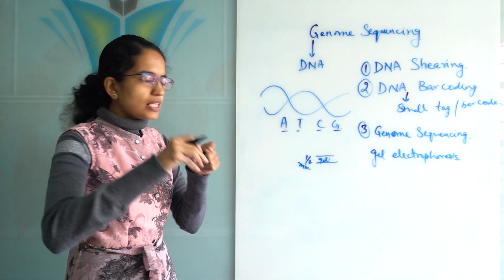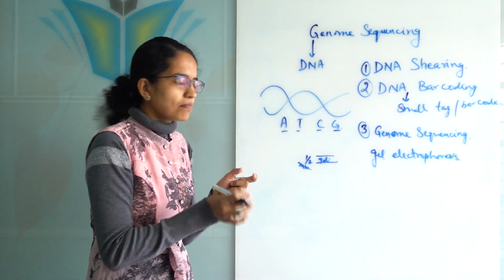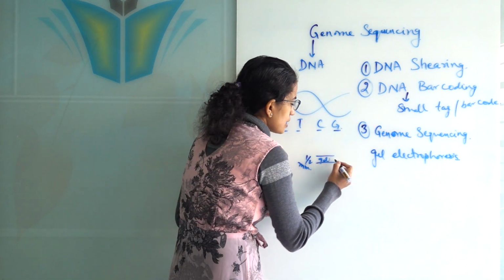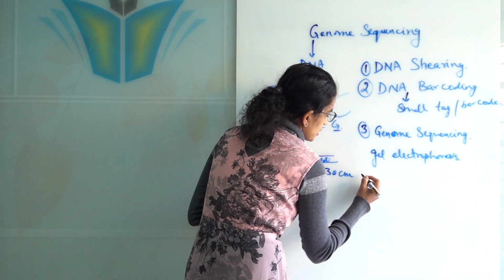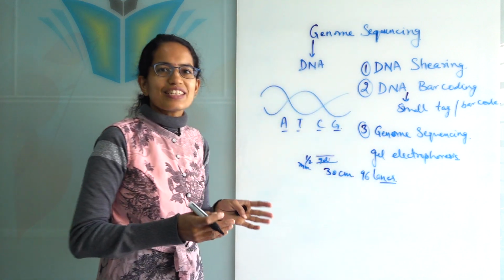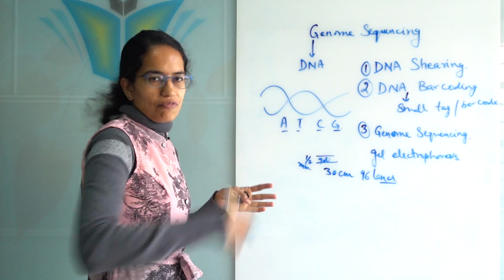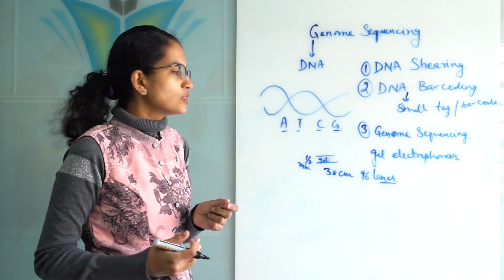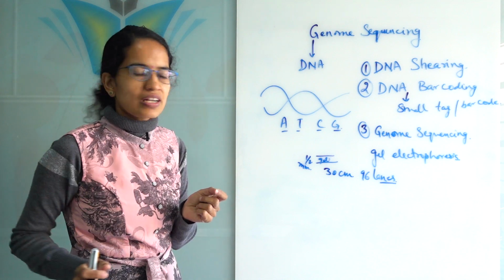Now within this gel, the DNA fragment, the barcoded DNA, is loaded, and this DNA runs through nearly 30 centimeters across 96 lanes. Now consider these lanes similar to a highway. There are different lanes in which the vehicles move, and similarly there are different lanes in which the barcoded DNA would move.